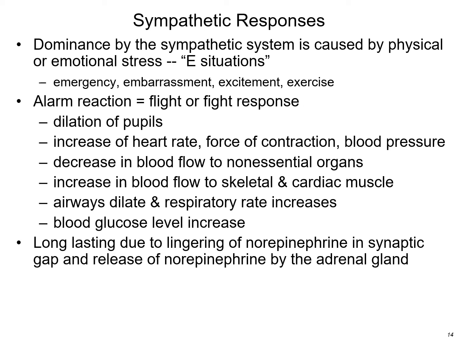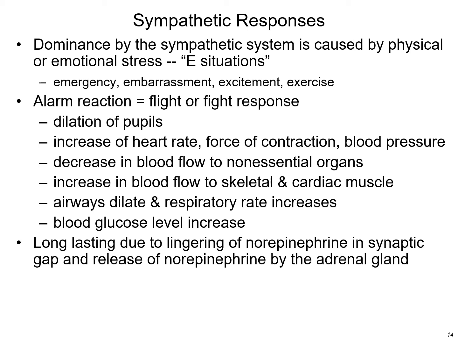The decreased blood flow to those organs just means that the arteries supplying those organs undergo vasoconstriction, so blood vessels constricting, not allowing the regular amount of blood to flow to those organs.